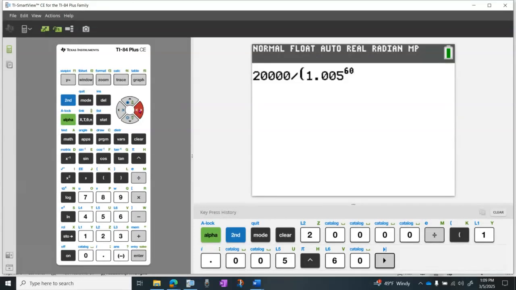And then we raise the discounting factor to the power of 60. That's how many times the interest is discounting, right? From present value to future value, compounding. From future value to present value, discounting. And then close the parentheses. So whatever is inside the parentheses is the denominator.